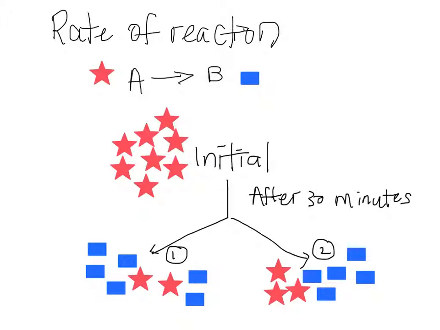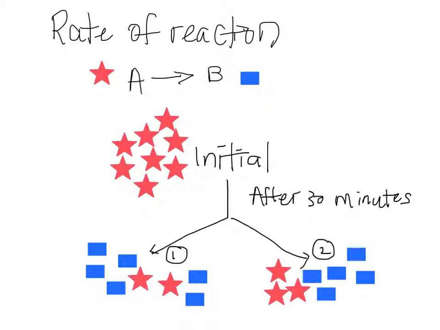So what does this tell you, people? It tells you that after 30 minutes, 5 reactants have been consumed, or you can also say 5 products have been produced. And this applies to reaction 2 as well.